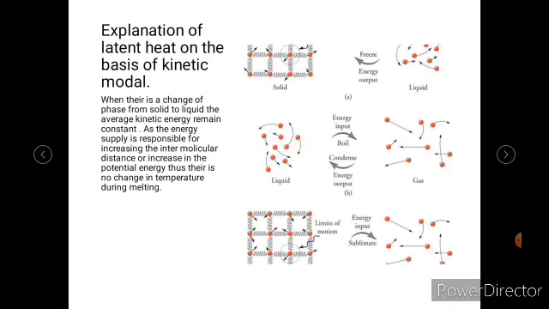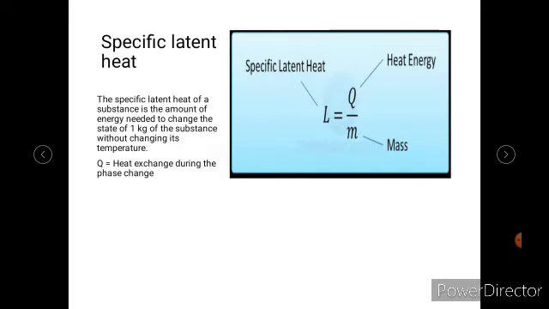Now why is there no change in temperature? From the previous video we have already understood that temperature is nothing but an average of the kinetic energy. But during the change of state, the average kinetic energy does not change at all.